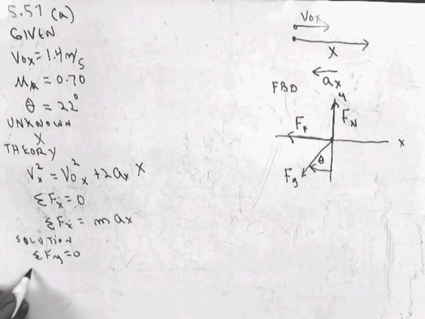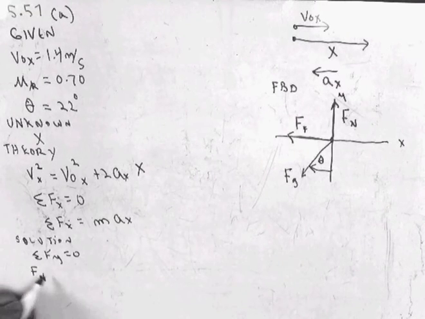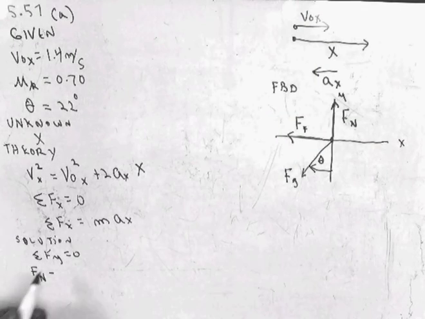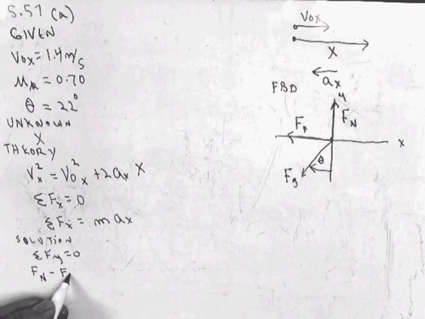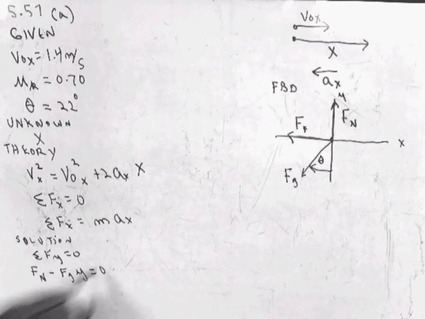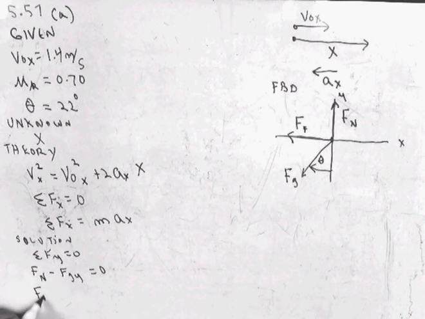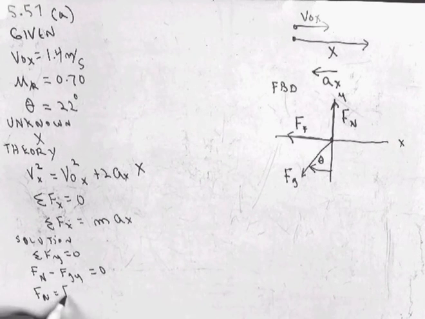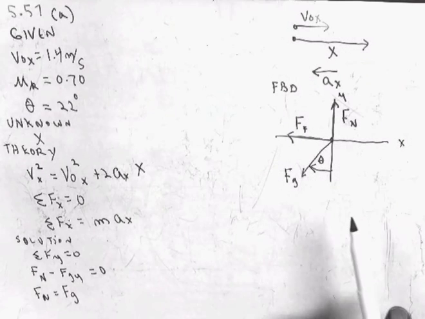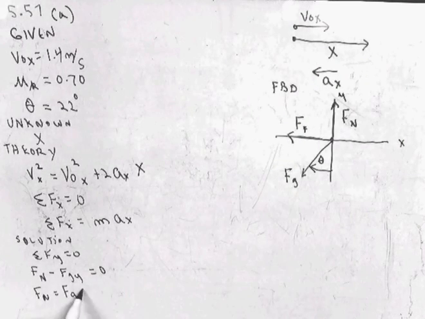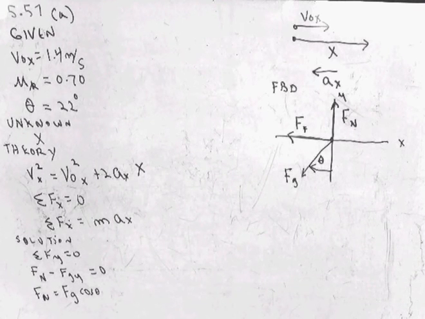So you have a plus normal force minus the y component of the force of gravity. That should be a subscript. And so the normal force will equal Fg, and then the y component is Fg times the cosine of the angle, like that. So there's a normal force.